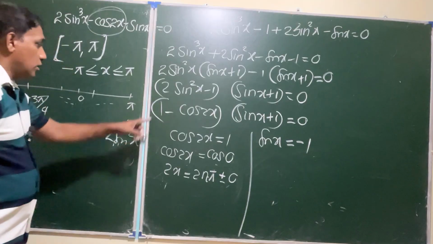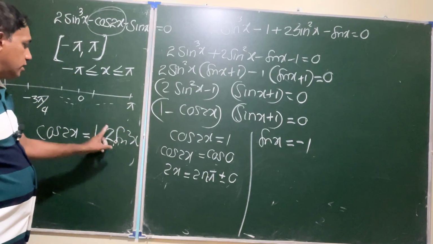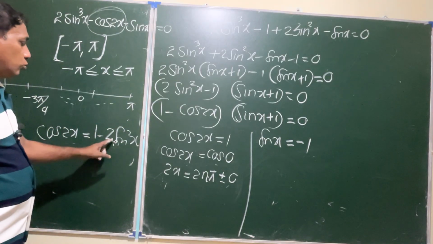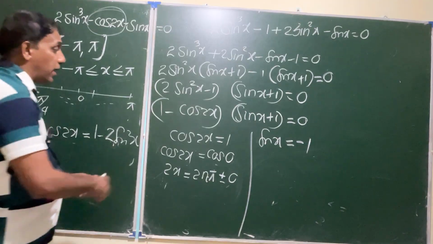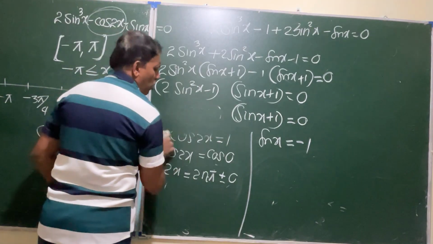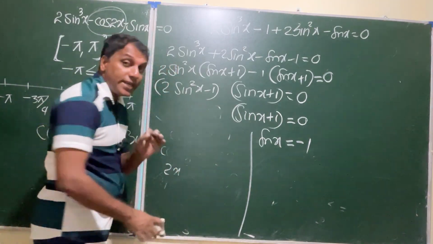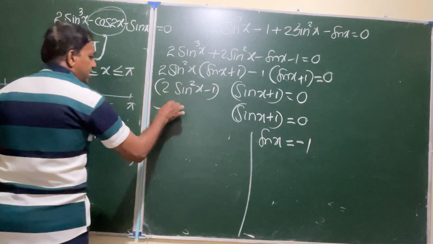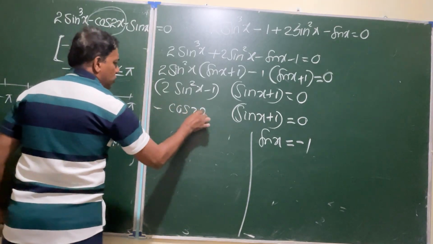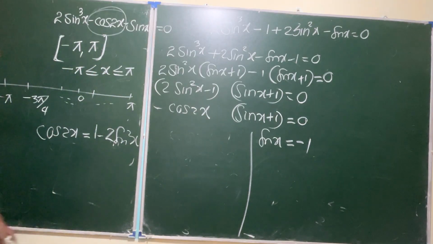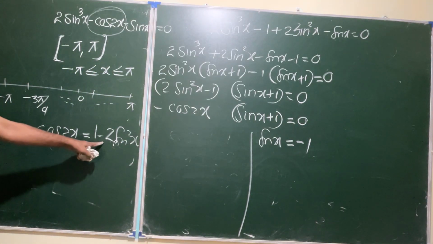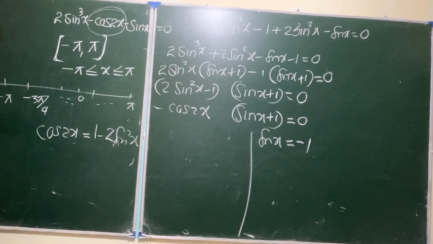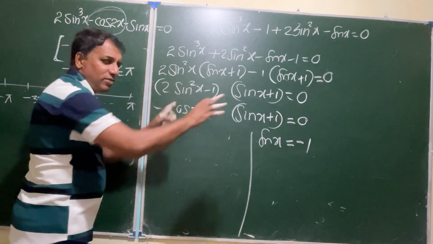Is it okay? 2 sine square x minus 1 is minus cos 2x. See, I said something wrong earlier. This is an unedited video, so be careful. See that it is minus cos 2x.